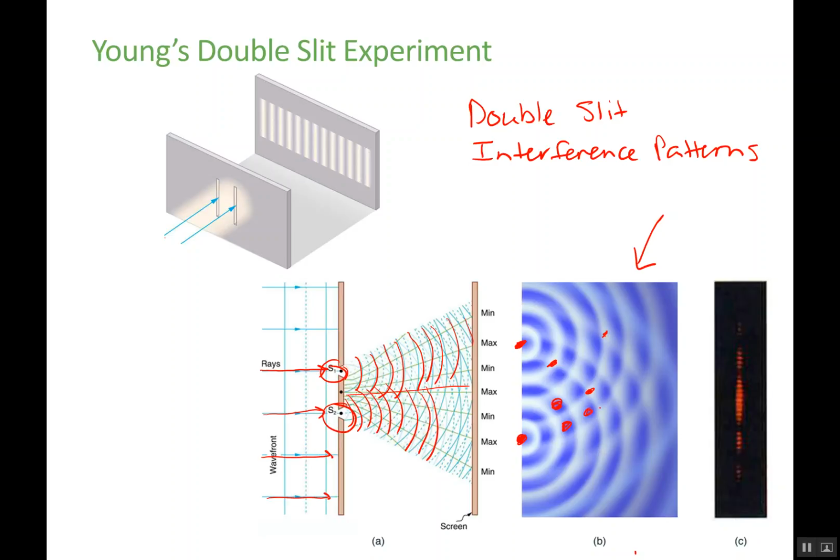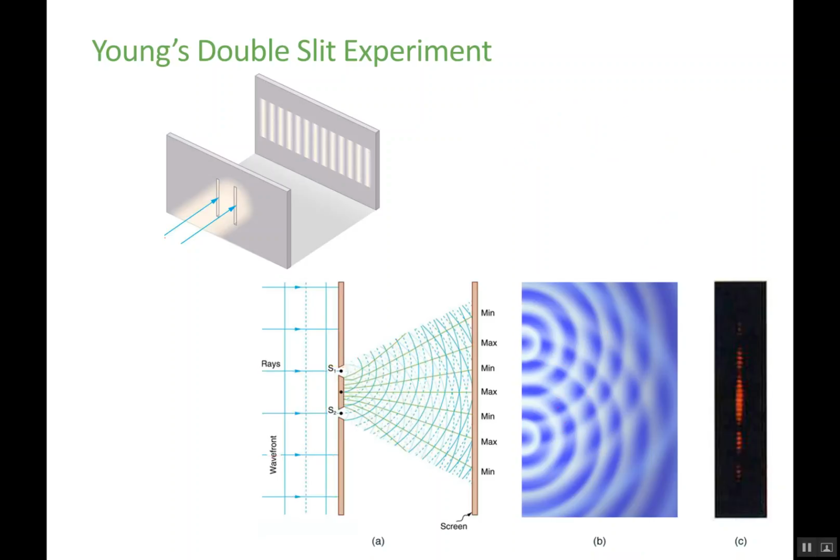So when you put a screen in front of these propagating waves, there are going to be certain spots along the length of the screen where peaks of one wave always coincide with valleys or minima of the other wave from the other source. And at those spots, you'll have destructive interference, which will give you dark bands in the interference pattern.